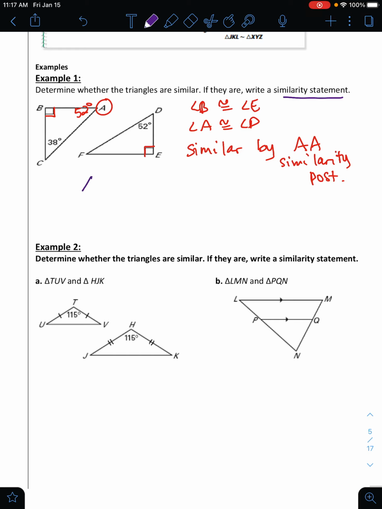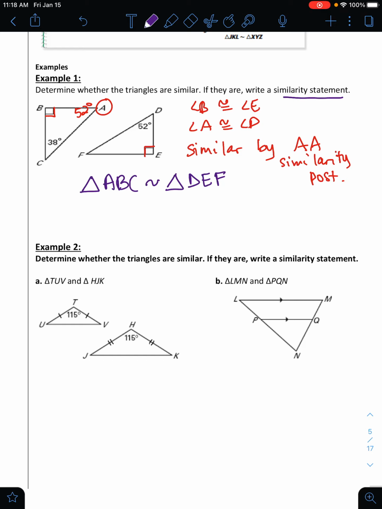It doesn't matter how you begin as long as the second one corresponds. ABC is similar to, so A is 52, so it has to go with D, and then I went to the 90, and then the 38. So it happened to be in alphabetical order. Doesn't always work out that way, but this one did. All right, so that's my similarity statement.